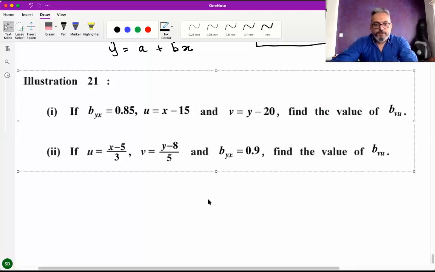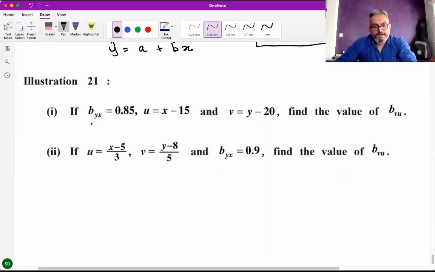Now illustration 21, first one. If b_yx is equal to 0.85 and u is equal to x minus 15, so a is equal to 15 and c of x is equal to 1.